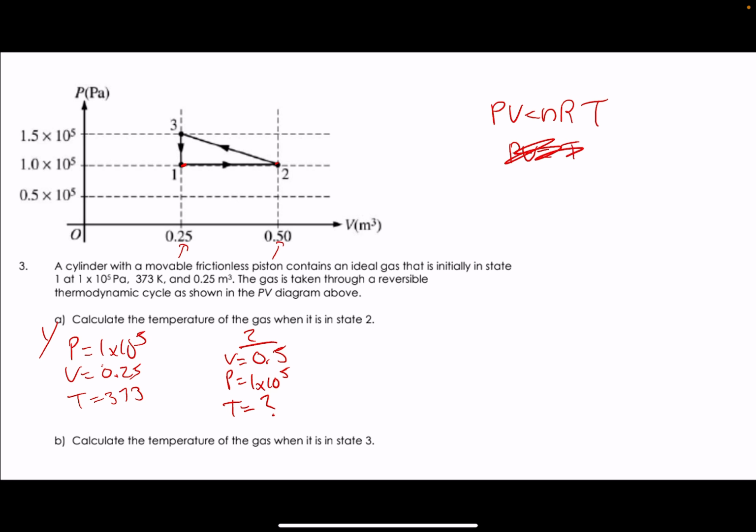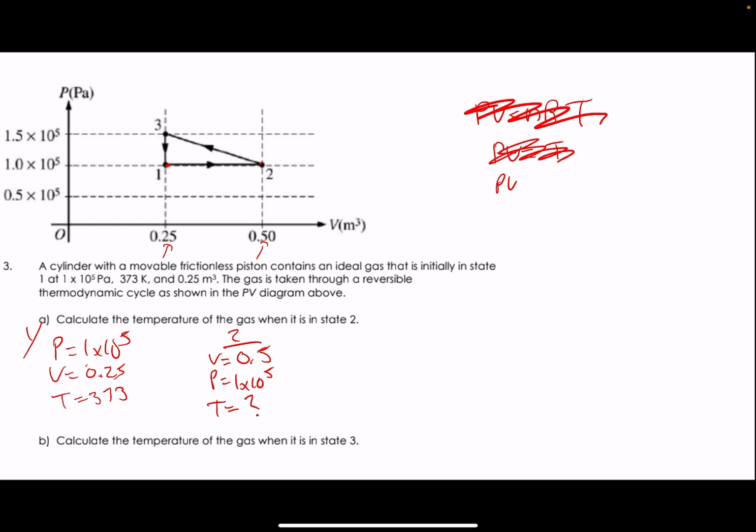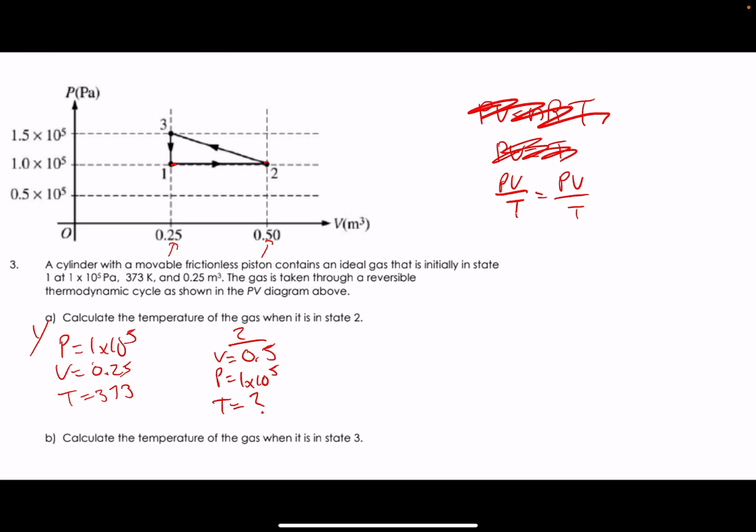Actually, I should say, let me rewrite everything I just said. Take it back. It's not that PV equals T. It means that PV over T is equal to PV over T. So our pressure times volume over temperature that we have in our initial state 1 is equal to our PV over T in state 2. Okay. And so let's see how that works.